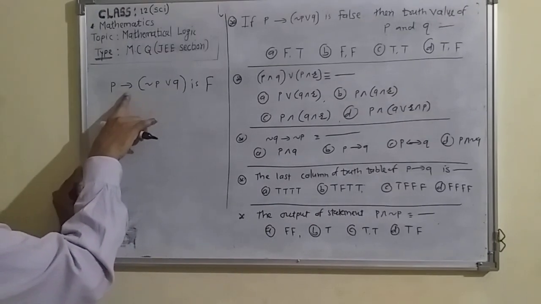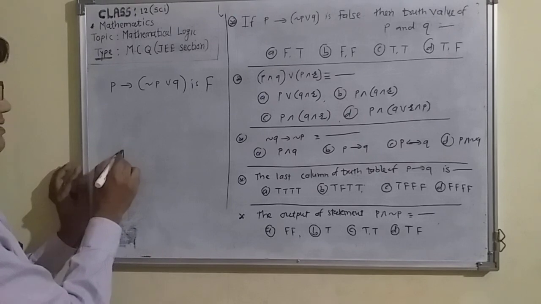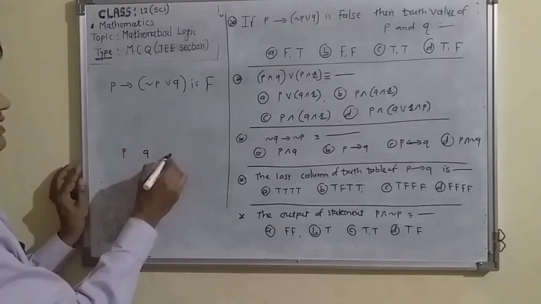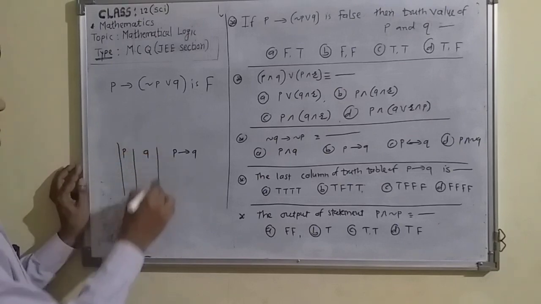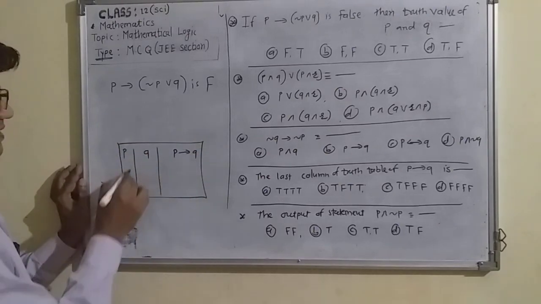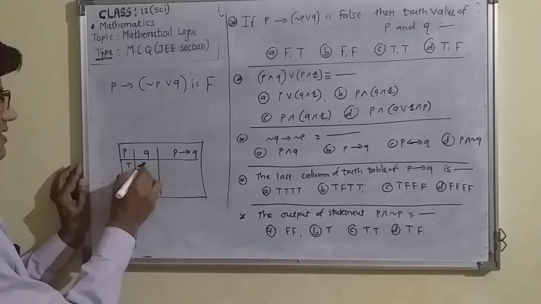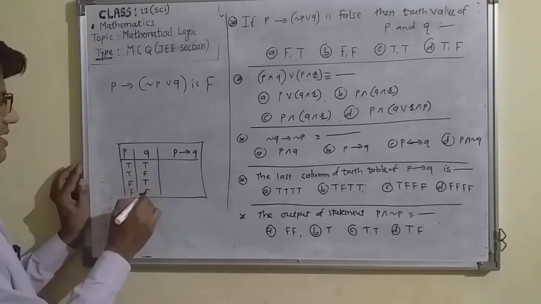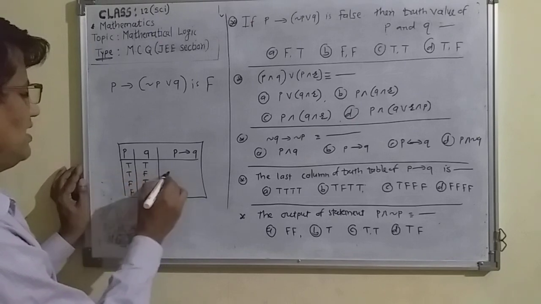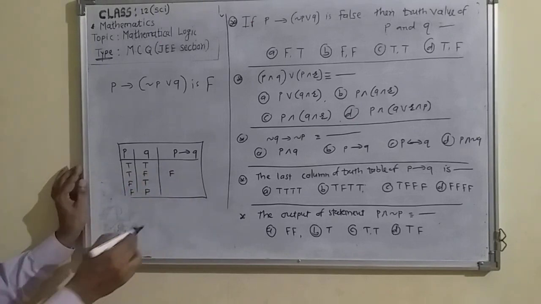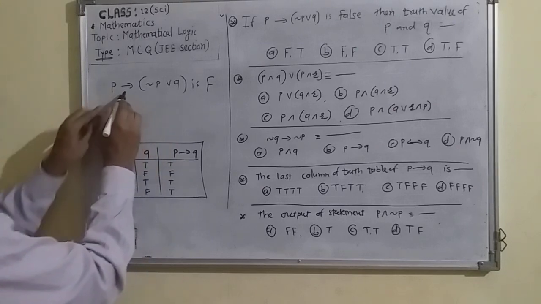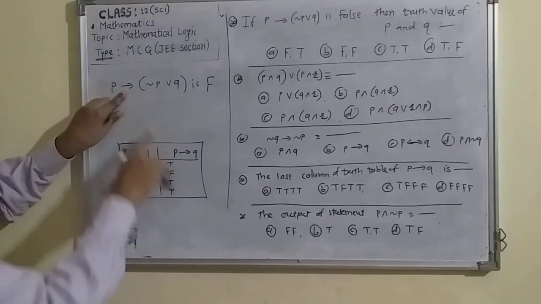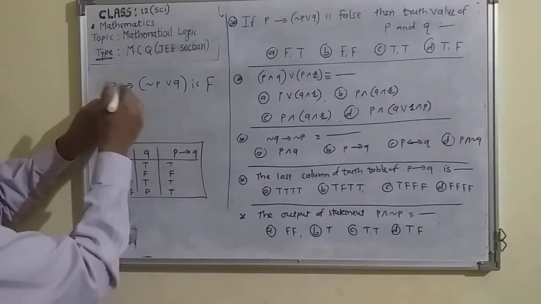For implication we must know the truth table for implication. Here TF, it is F. Otherwise all are T. See here, this is the implication sign. So we must remember this column.